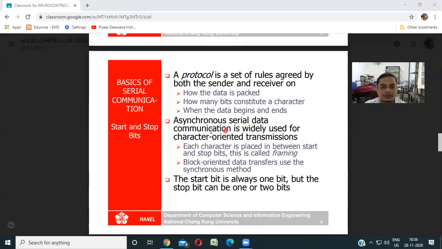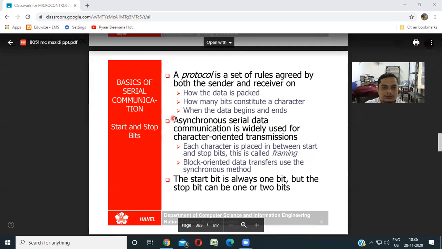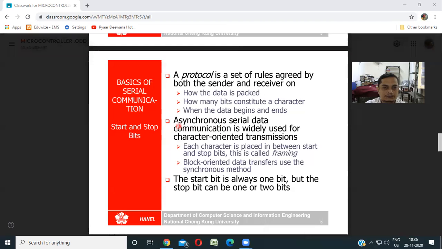Asynchronous serial data communication is widely used for character-oriented transmission. As I already told, asynchronous compared to synchronous, the asynchronous type of serial communication is widely used. So we are inserting here the start bit and stop bit.